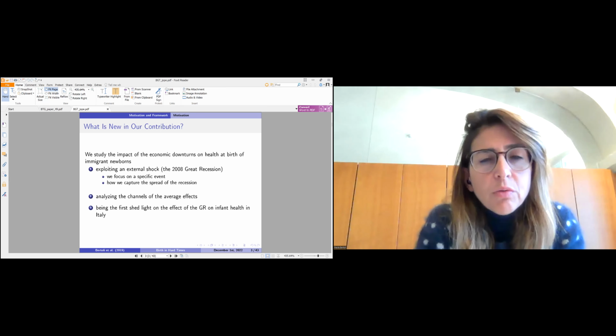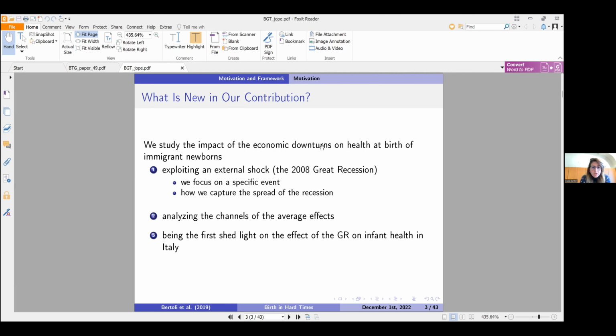We try to retain as much variation as possible in our data set, and so we move away from the normal measure of, let's say, economic impact. We also do not stop at analyzing the average effect, but we try to dig deeper into the dynamics of these effects.